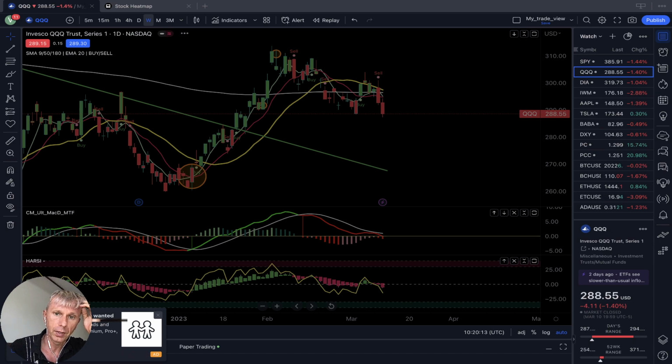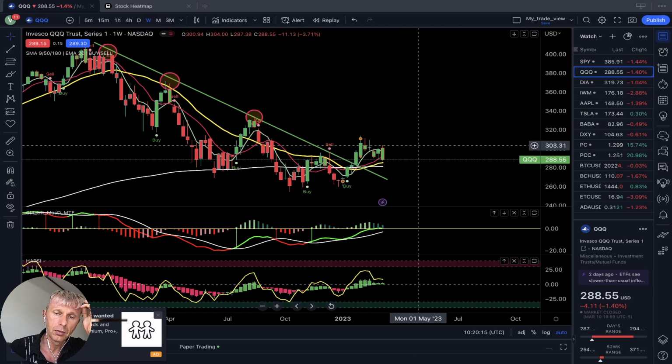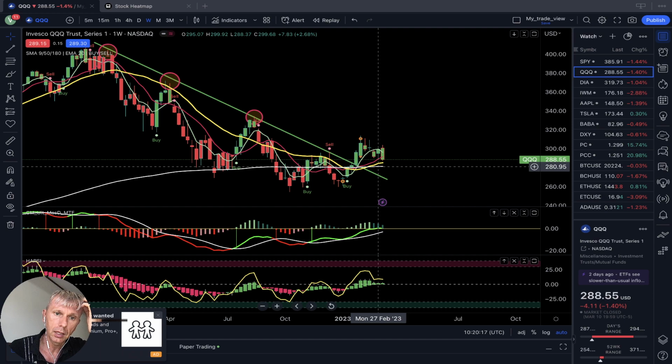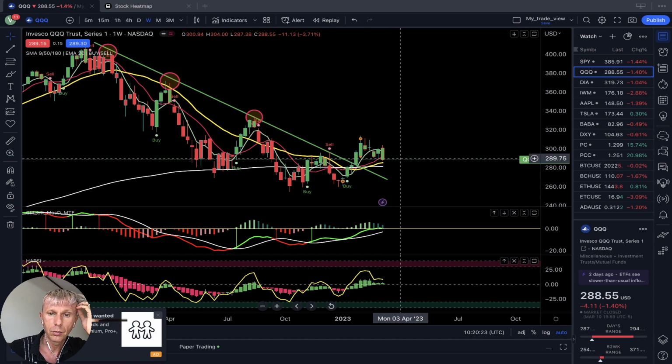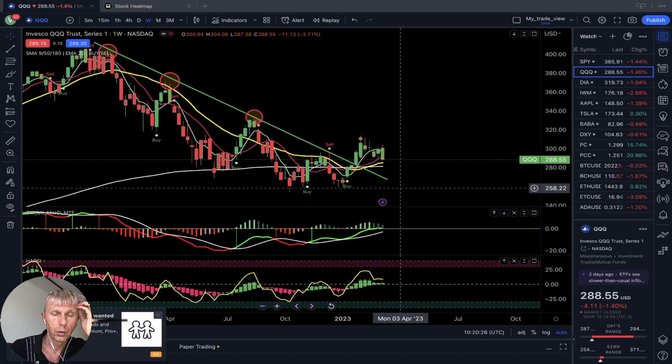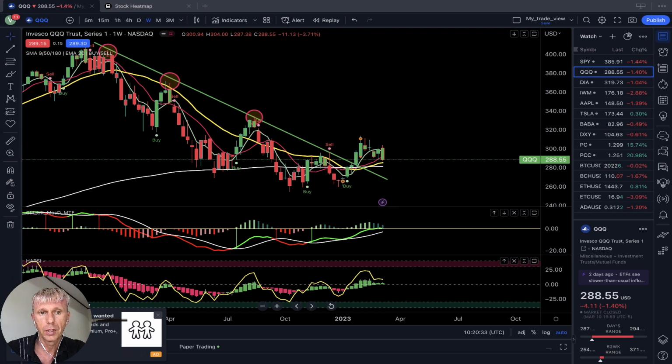On the weekly time frame, it is still positive, and it didn't test MA200, and even tested MA20. And it looks like it's still positive on the weekly time frame for QQQ. That's all for the review. Please pay attention to it. Thank you so much.